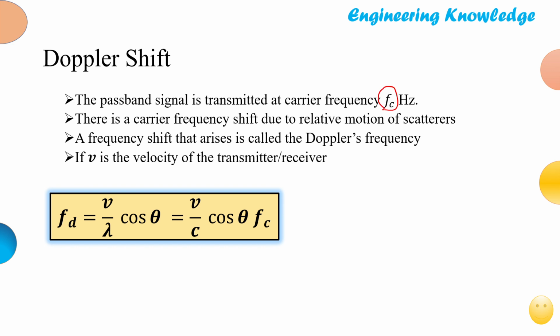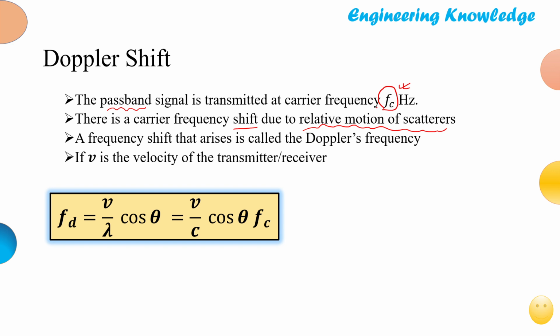Of course, the last element of the transmitter is the antenna. The first element of the receiver is the antenna. Therefore, the transmission has been done in passband, which means after modulation. So after modulation at a high frequency, we transmit the signal at a carrier frequency of Fc. This carrier frequency suffers a shift. Why? Because of the relative motion of the various scatterers in the wireless communication system.